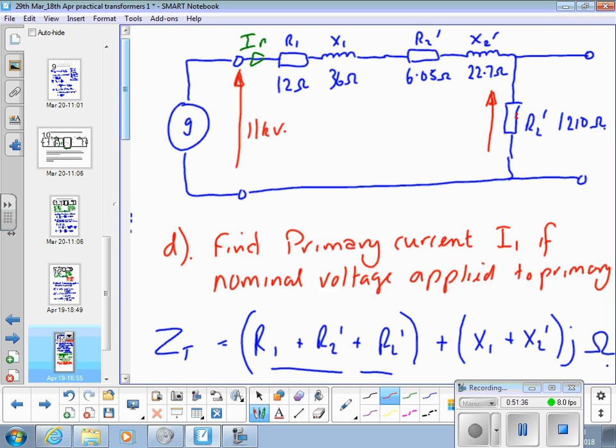So what's that voltage across there? Yeah, well, we'd call it ES, because that's after the two losses in the secondary, isn't it? ES dash, isn't it? Yeah.